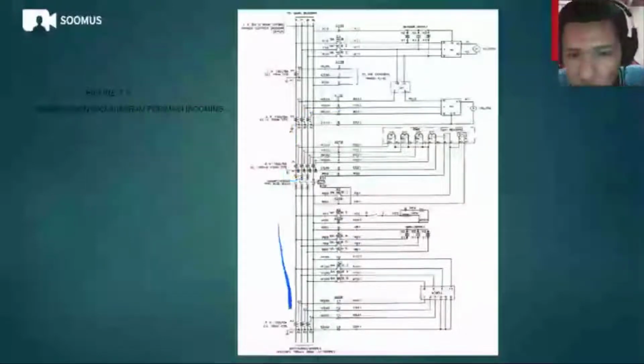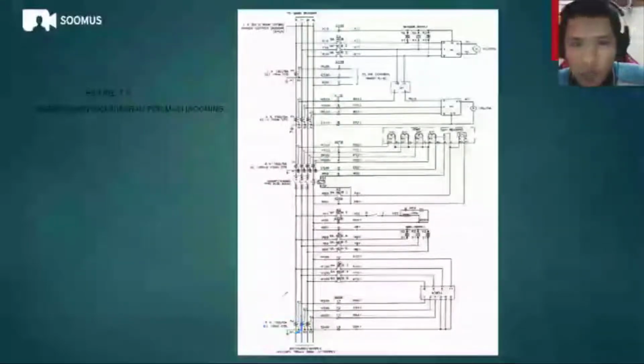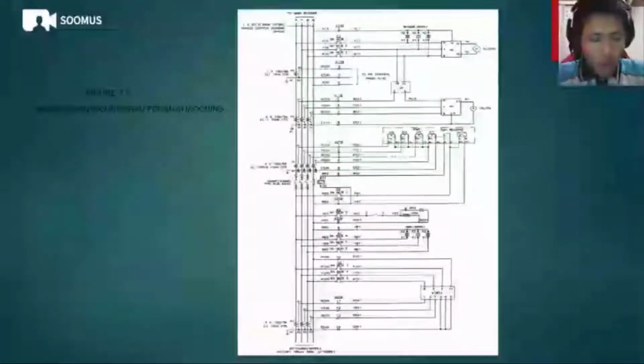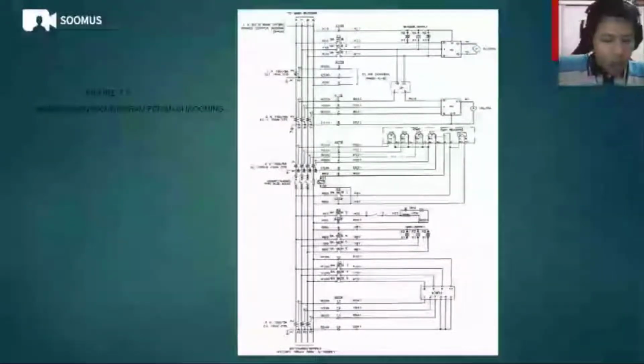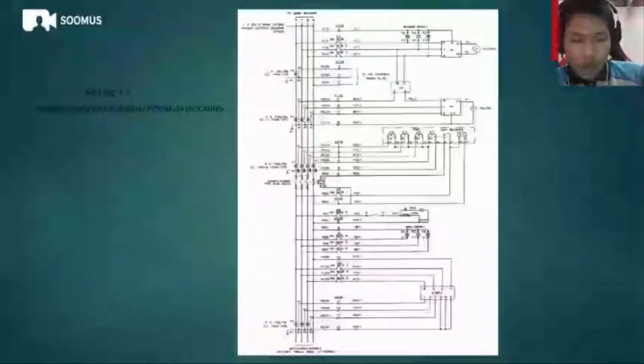So this is our current transformer, which connects to the ammeter, and this is our current transformer that connects to the voltmeter. So after connecting to the relay, it needs to step down because it is an electronic part, so that it cannot receive high current.